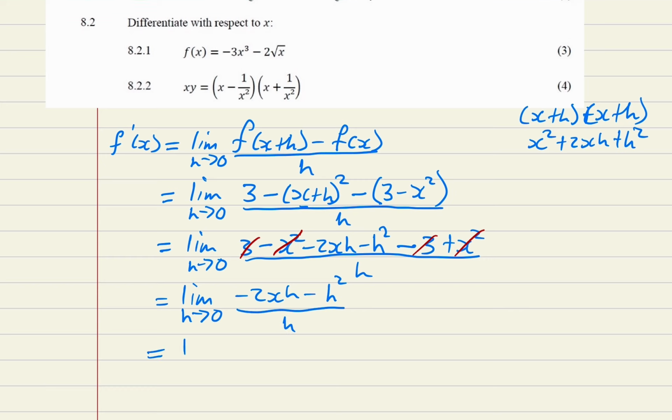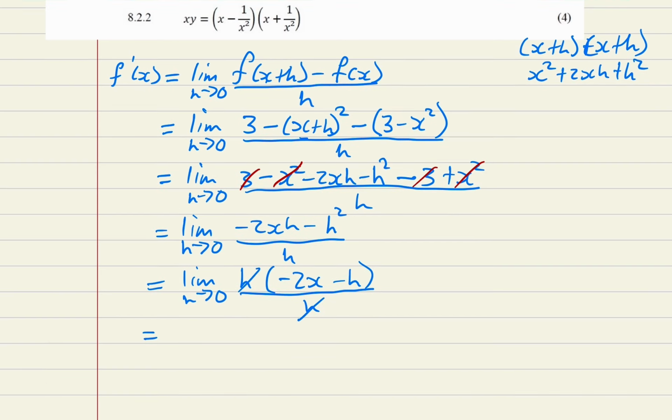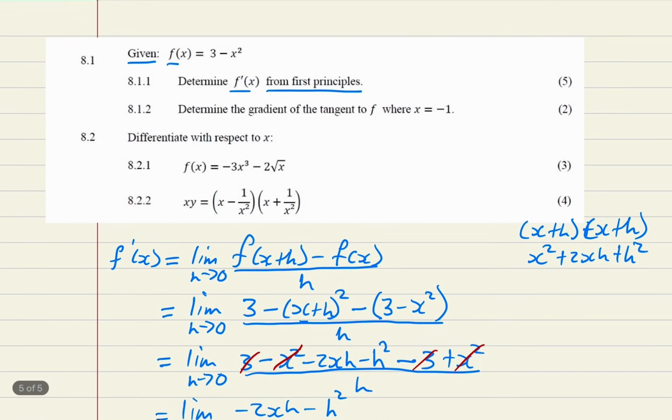I take out a common factor of h. I'm left with negative 2x minus h, all over h. Then this h and this h go. As h approaches 0, I'm left with negative 2x, which is my final answer. Okay, so that's the first problem for 5 marks.